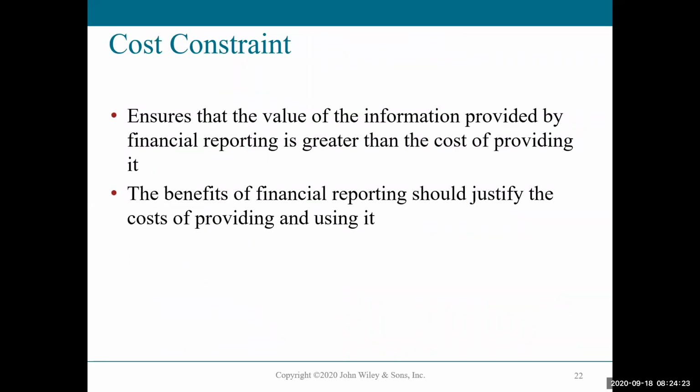Now, when we talk about all of that, what comes into play is your cost constraint. Cost constraint is also called cost versus benefit. In the accounting world, we always look at the cost of implementing a process, making that change, or receiving that information in comparison to the benefit that it is providing.